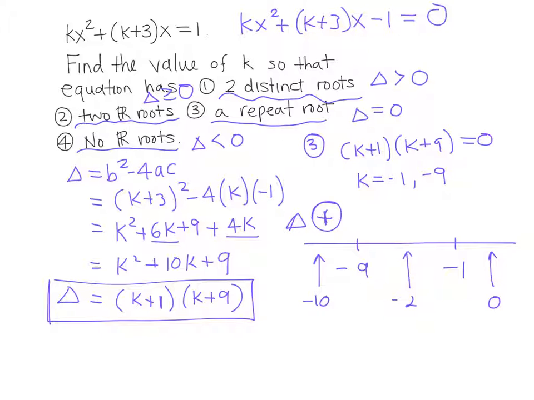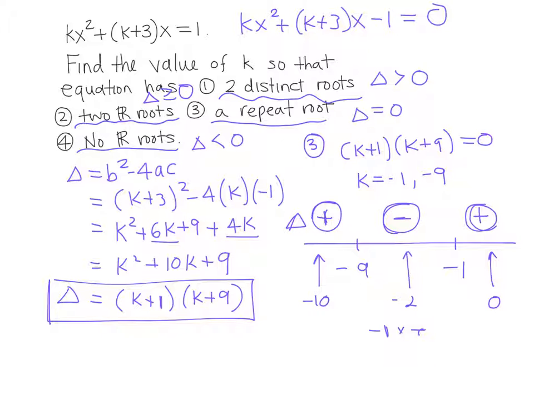If we plug in -2, we have -2 plus 1, that's a negative number, and then multiply that with -2 plus 9, that's positive. So negative times a positive is going to give us a negative number for the discriminant. If I plug in the zero, you get 1 times 9, positive times a positive, that's going to give us a positive answer. So we know now the nature of the roots.